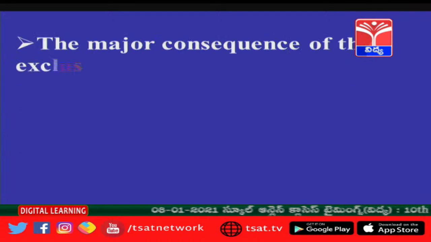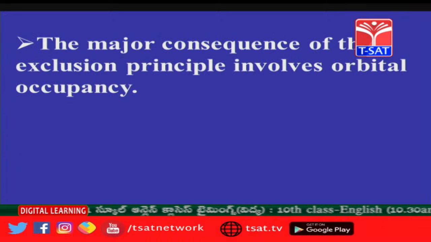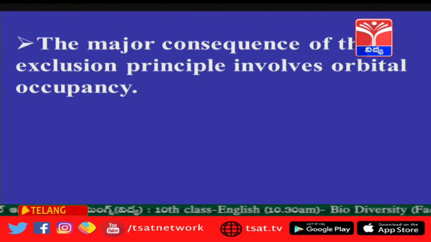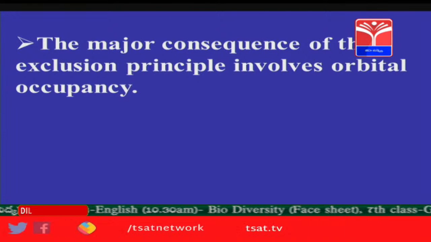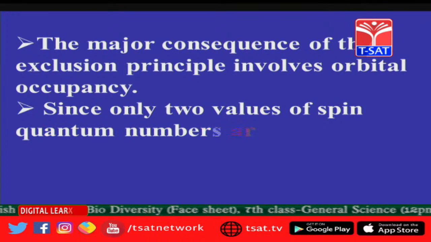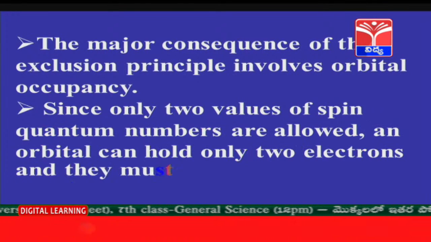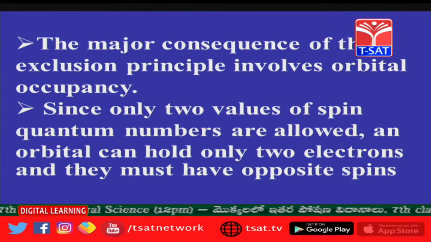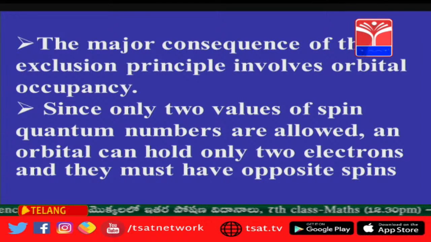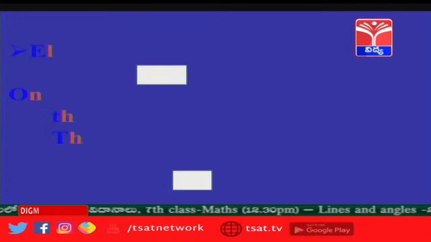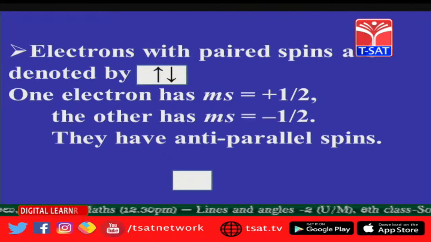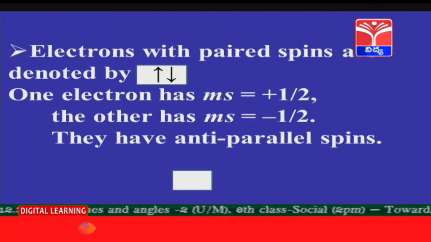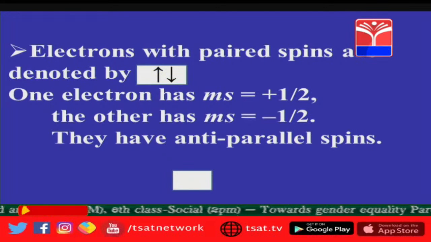The major consequence of the exclusion principle involves orbital occupancy. Since only 2 values of the spin quantum number are allowed, an orbital can hold only 2 electrons and they must have opposite spin. Electrons with paired spins are denoted by an upward arrow mark and a downward arrow mark.